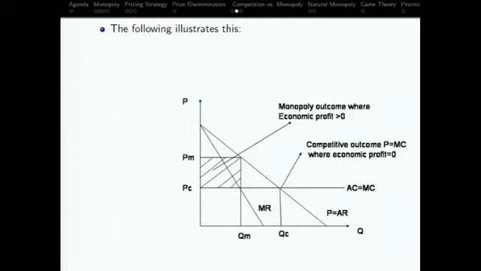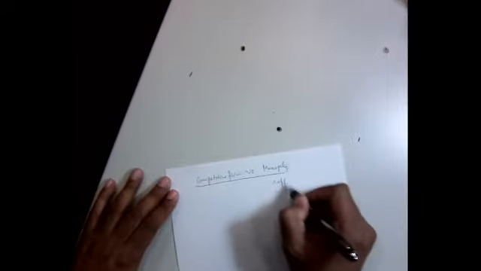Competitive firm versus monopoly. I want to see which market structure is more efficient, so I'm finding out which one is more efficient.